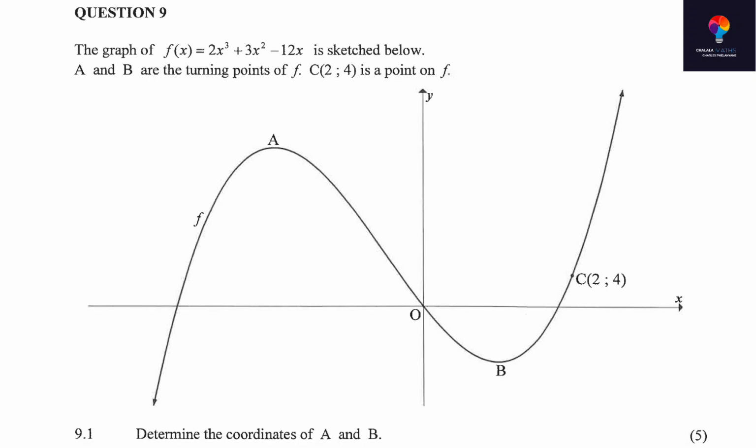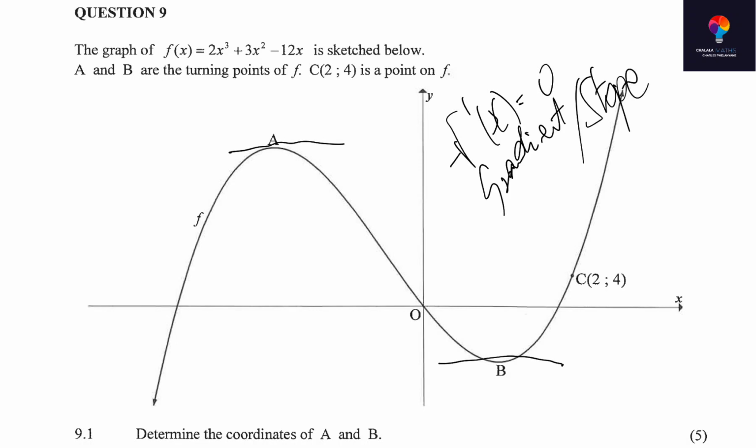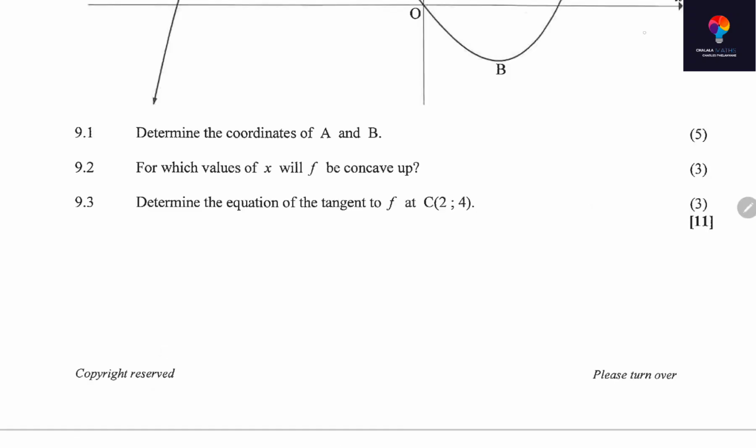It is because at the turning point of B and A, the derivative of f is equal to 0. So every time you are asked about the turning point, you must know that the derivative is going to give us 0.